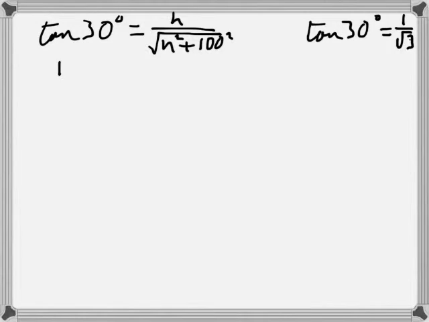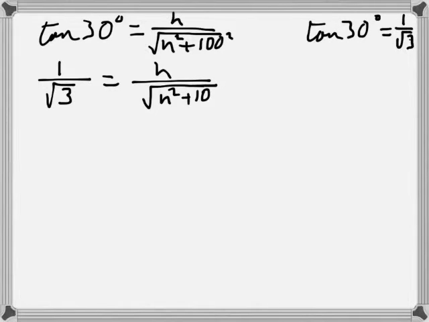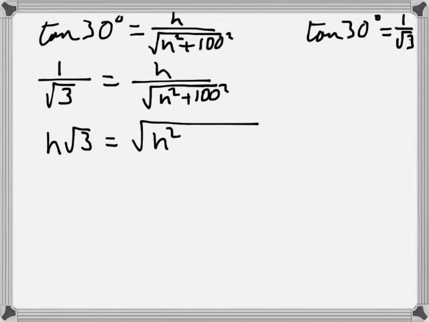So 1 over root 3 is equal to H over the square root of H squared plus 100 squared. Resolve this, cross multiply, whatever you want to call it. H root 3 is equal to the square root of H squared plus 100 squared.